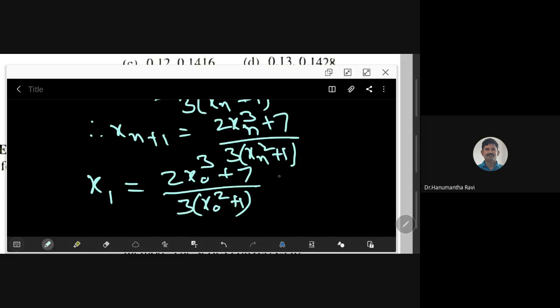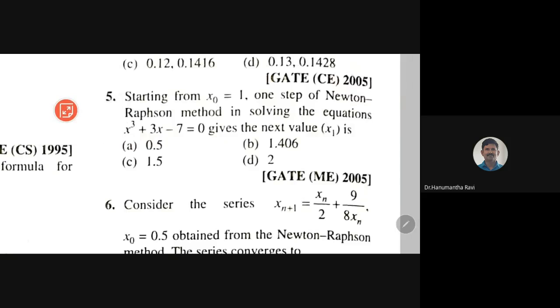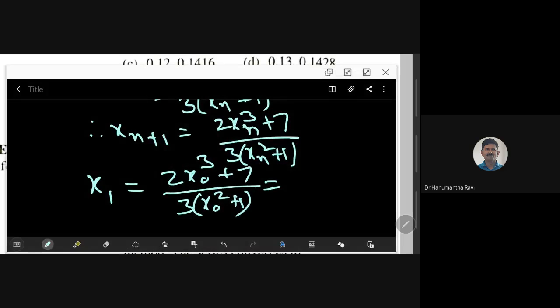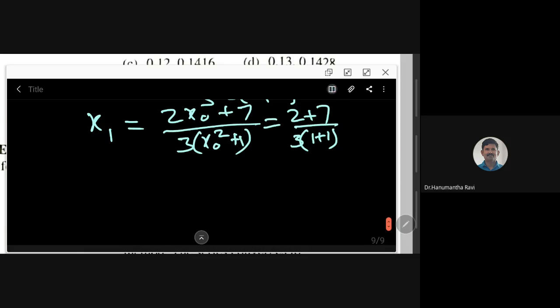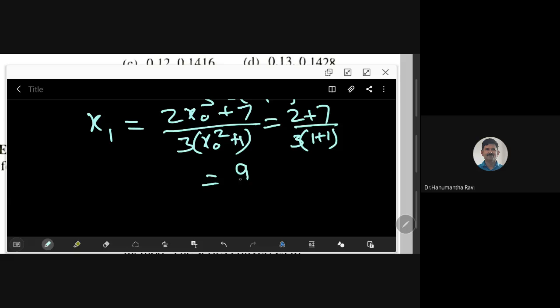Because x0 is 1, this is (2 plus 7) by (3 into 1 square, which is 1, plus 1), so this is 9 by 6, which is 3 by 2, that is 1.5.